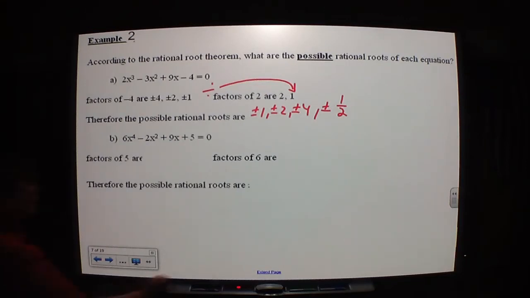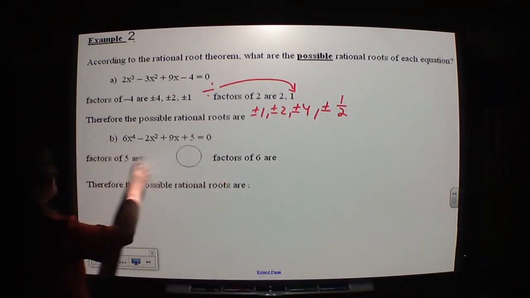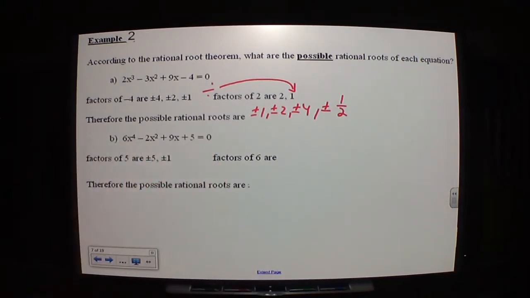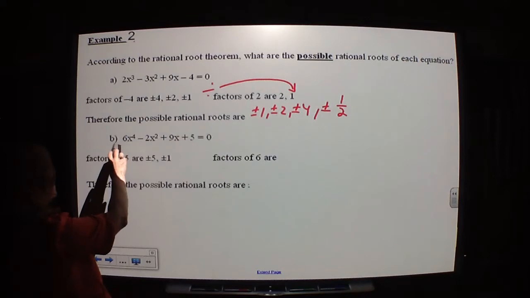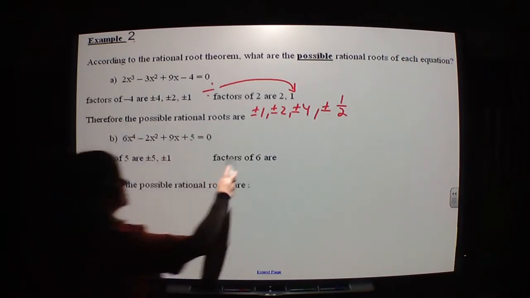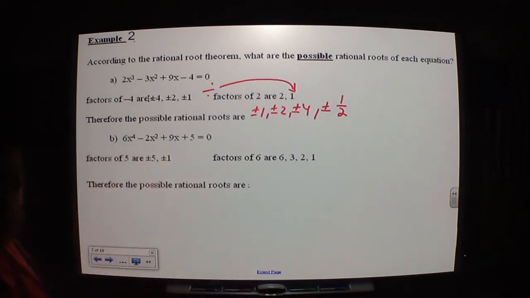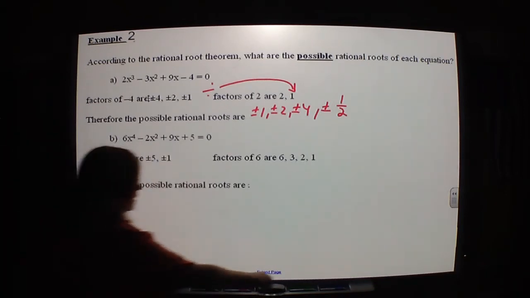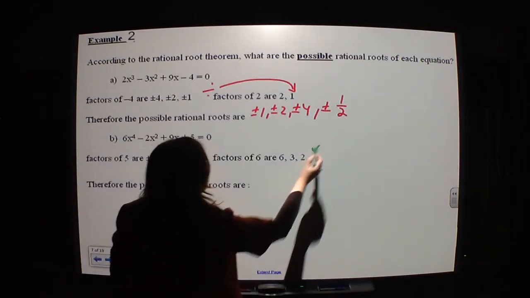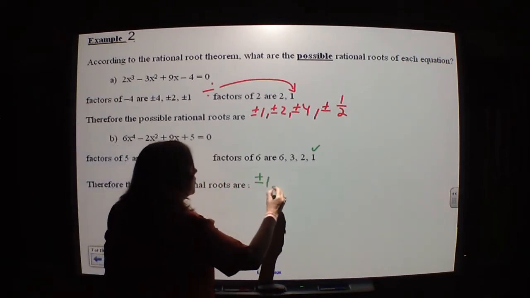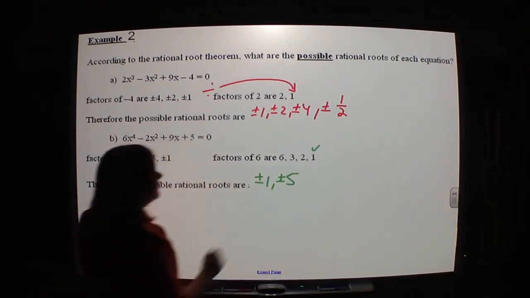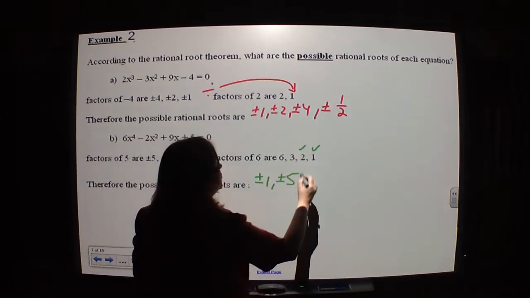If I was going to do B, factors of 5, plus or minus 1 and 5. Factors of 6, 2, 1, 3, and 6. So the possible rational roots would be, I'm going to divide by 1 first. So plus or minus 1, plus or minus 5. And now I'm going to divide by 2.